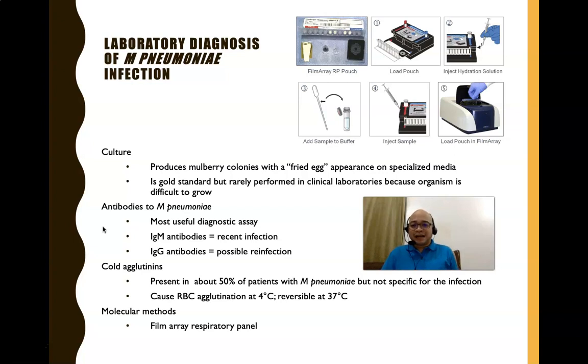So hopefully, they would already include SARS-CoV-2 or the COVID-19, so that it's quite practical because you can easily rule out whether the upper respiratory tract signs and symptoms is indeed caused by COVID-19 or by any other pathogen. So that's the reason why I'm a fan of film array respiratory panel, but I'm not sure if this particular method is popular in the Philippines or available in the Philippines.